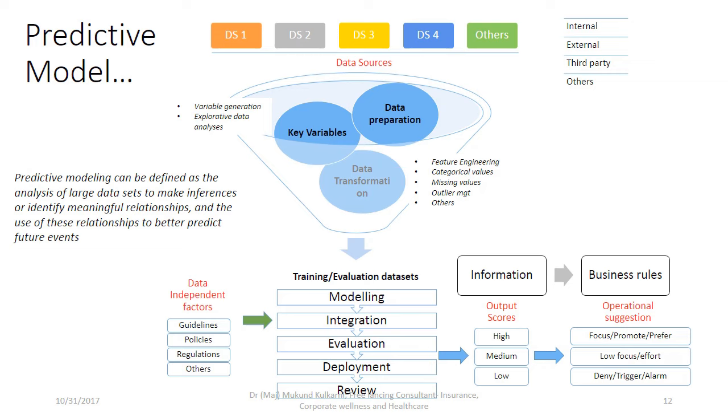And obviously data analytics will not have any value unless it gets converted into business rules or operational processes, and that's why the core idea is converting this output score information into business rules, which will be a kind of suggestion which is more scientifically driven, more data-based, more guideline adhered to, and pretty much unbiased.